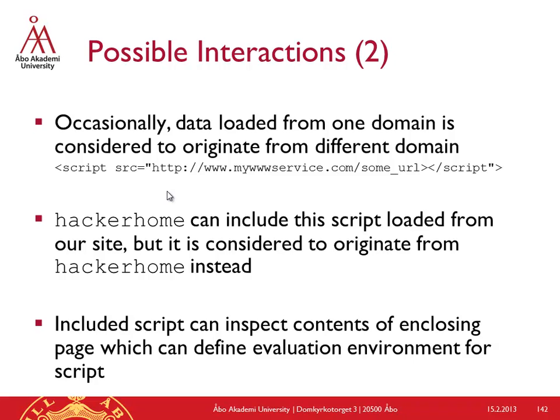So how may interaction come? The first one: if a malicious web page contains a link to a script from our website like this, this means that the script from our website will be loaded into the malicious web page and will be executed in the context of this web page.